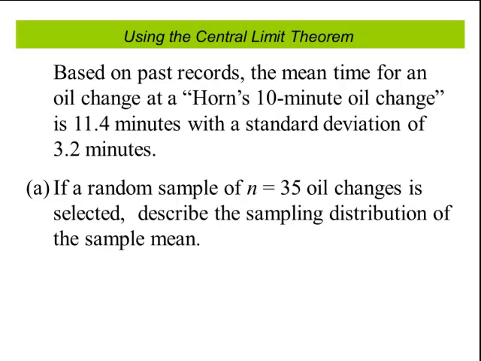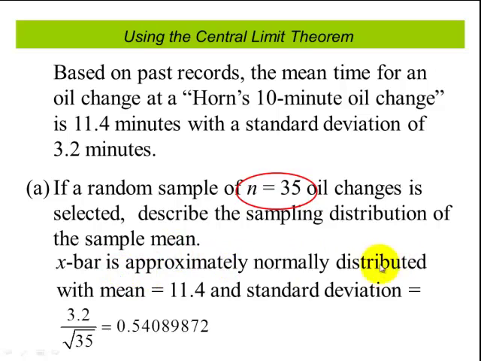Let's do an example. Based upon past records, the mean time for an oil change at Horn's 10-minute oil change is 11.4 minutes, with a standard deviation of 3.2 minutes. If a random sample of n equals 35 changes is selected, describe the sampling distribution of the sample mean. Well, since our sample size is 30 or more, no matter what shape the original population has, we know that the distribution of the sample means is going to become approximately normal.